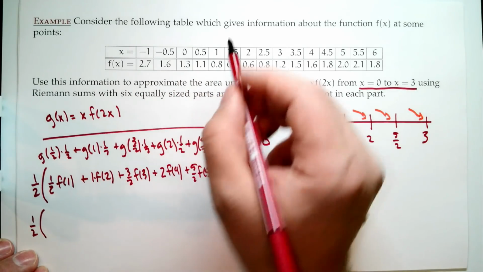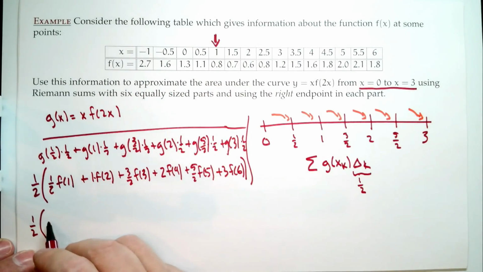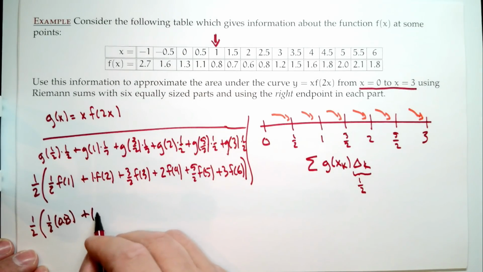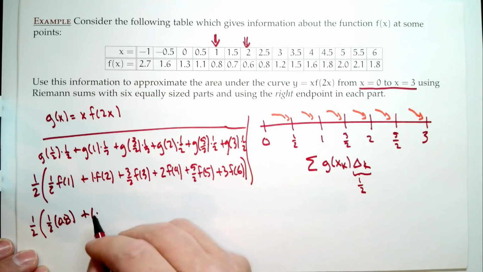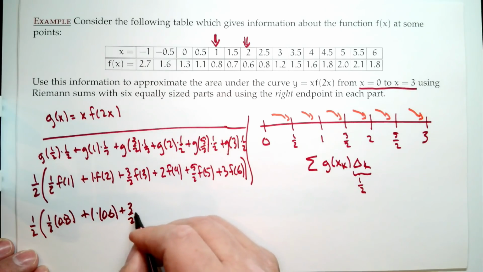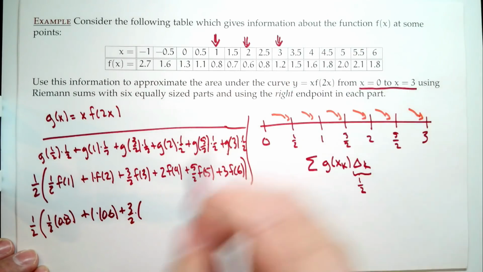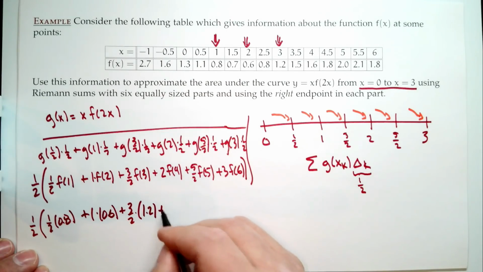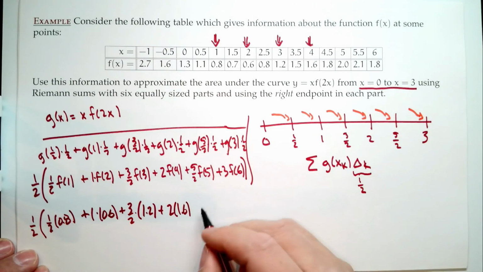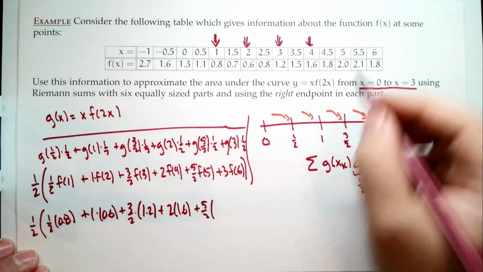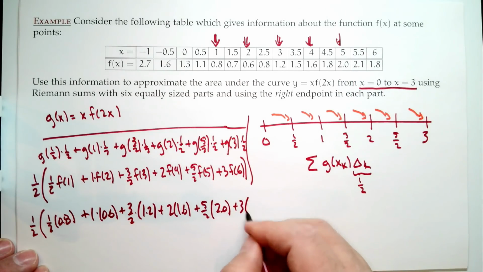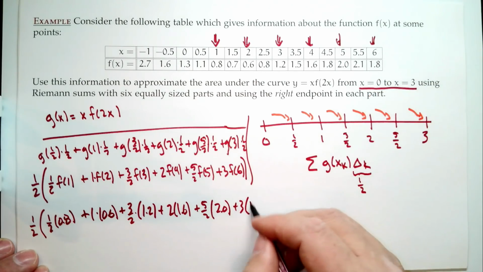So we come into 1. Okay, so here's 1. So that's going to be a half times 0.8 plus 1 times, plug in 2, 0.6, plus 3 halves times whatever happens at 3, which is 1.2, plus 2 times what happens at 4, which is 1.6, plus 5 halves times what happens at 5, which is 2.0, plus 3 times whatever happens at 6, which is 1.8.